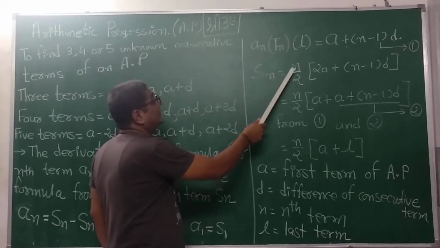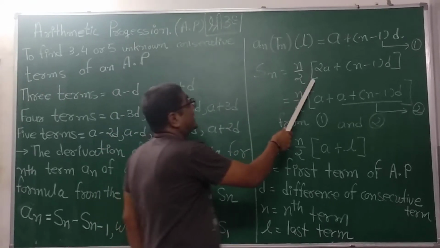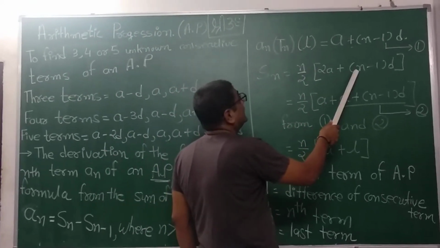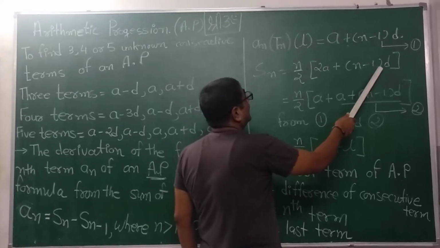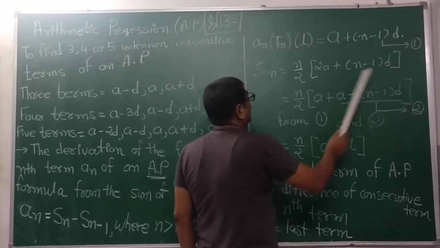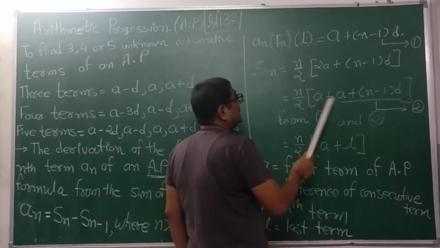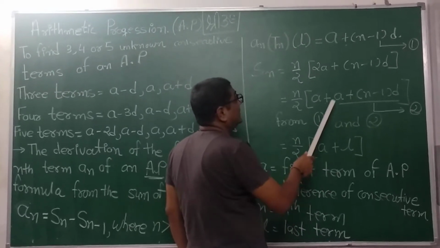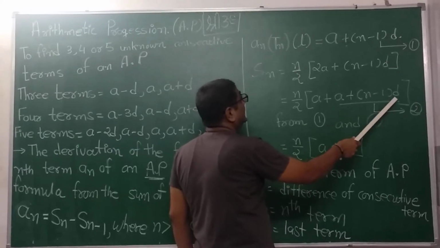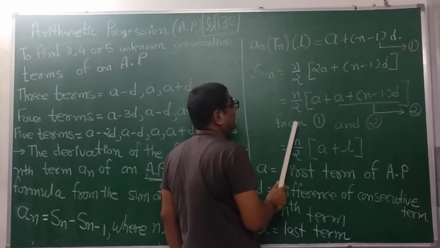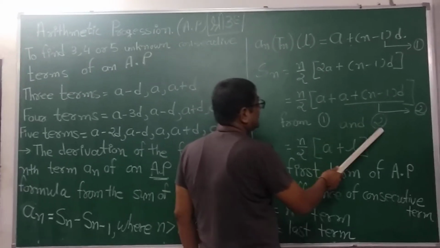Now S_n is equal to n upon 2 bracket 2a plus (n minus 1) d bracket over. So this 2a is treated as a plus a, and the rest is carried forward as it is. But a plus (n minus 1) into d is equal to the last term. That is equation 1 and 2.